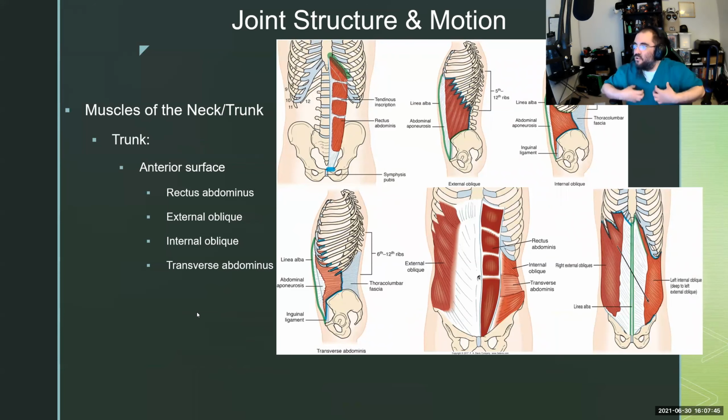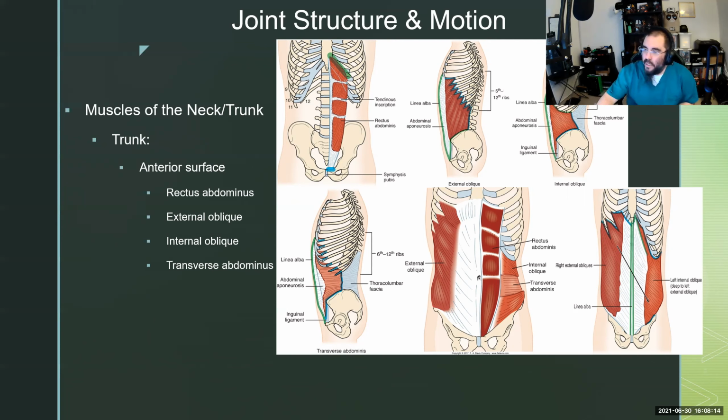So then we move down the trunk, right? In the trunk on the anterior surface, the main muscles we have are rectus abdominis, the external and internal obliques, and then we have our transversus abdominis. All of those come into play when we are working on it. So we have our internal obliques going like this, our external obliques going like that.